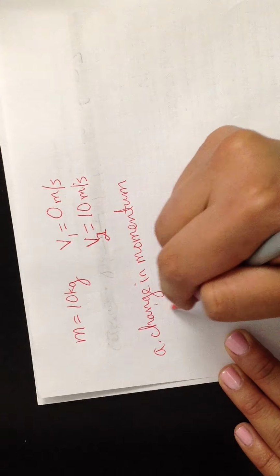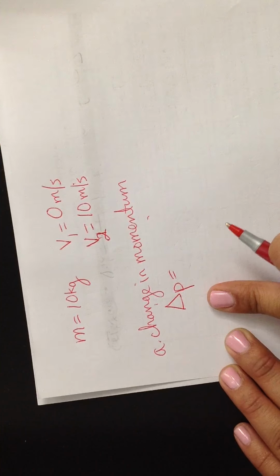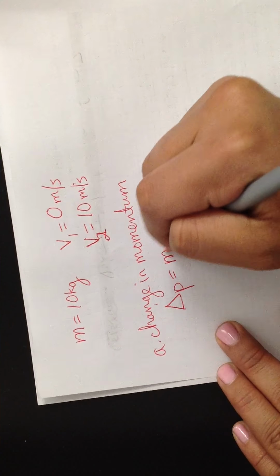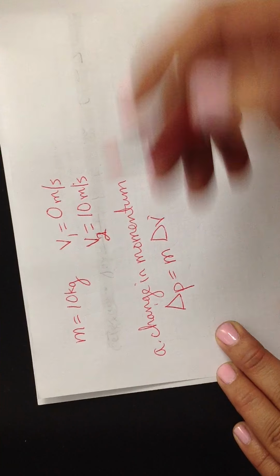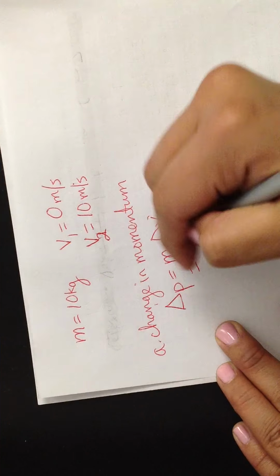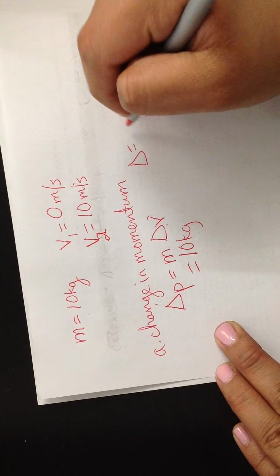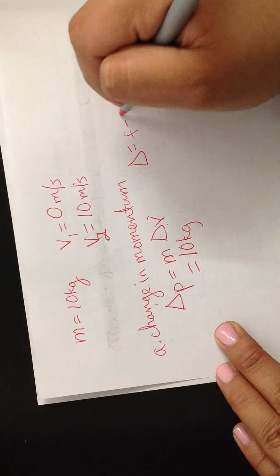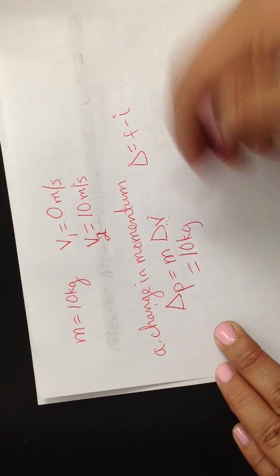So remember, change means delta, momentum is p. The way you get a change in momentum is the mass times the change in velocity of an object. So we're going to plug in values. I have 10 kilograms, which is my mass. Now my change in velocity, change is equal to final minus initial, so I'm going to expand it out.